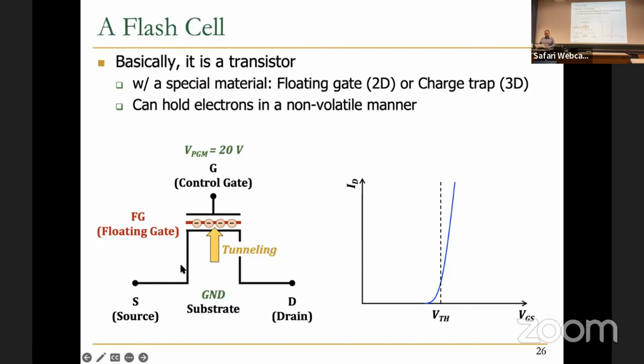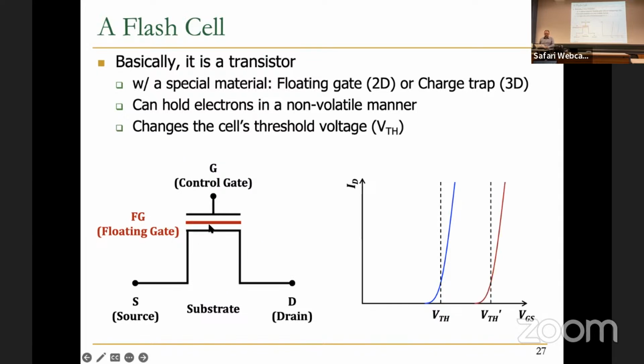In order to get back to the substrate, you need to apply a negative voltage, like minus 20 volts, to push all these electrons back to the substrate. That's the operation for erasing flash memory. But once you program it, you need to apply the positive voltage such that you can get electrons to the floating gate.